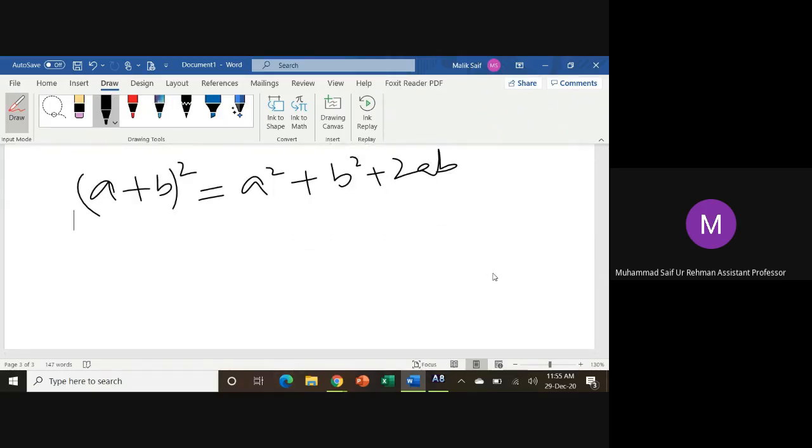How? Let us see. If you take this a as p and this b as q, so take in that sense, then how will you start? Let us say n is equal to 2 in this case.